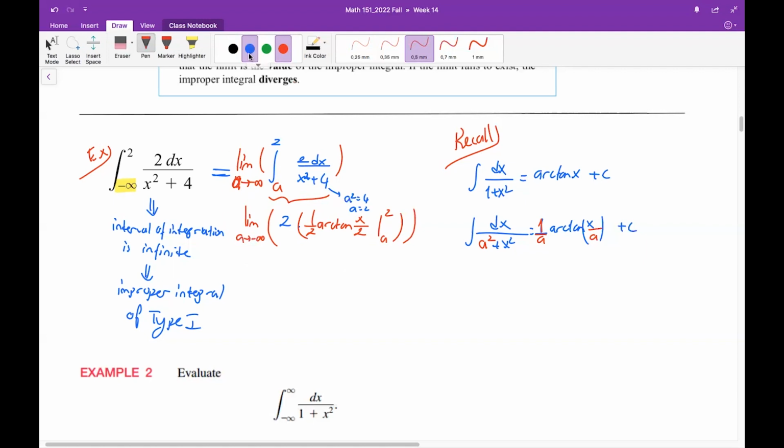Okay, so what do we have here on the right-hand side? Let's put the limit again. Okay, so limit a goes to minus infinity. What do I have here? Okay, these are simplified.